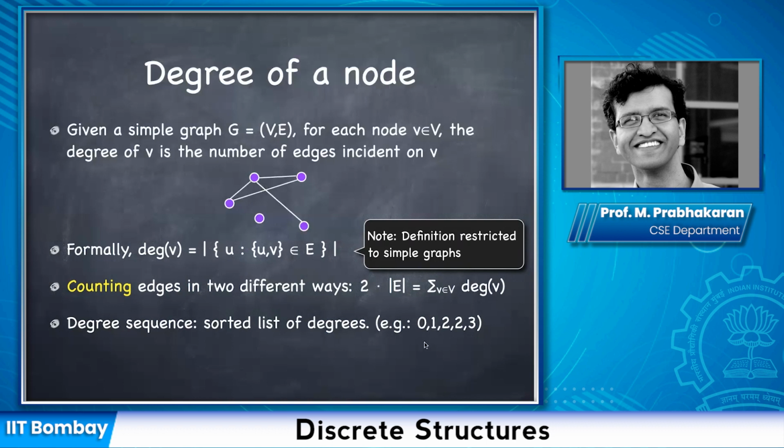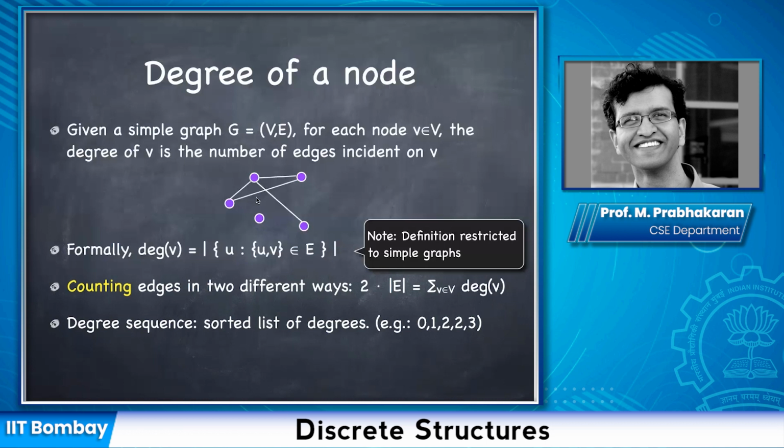I could take a graph like this and look at its degree sequence. The degree sequence is an invariant under isomorphism. It's some structural property that doesn't depend on how you label the vertices. So it's sorted by the degrees themselves, not according to the labels on the vertices.